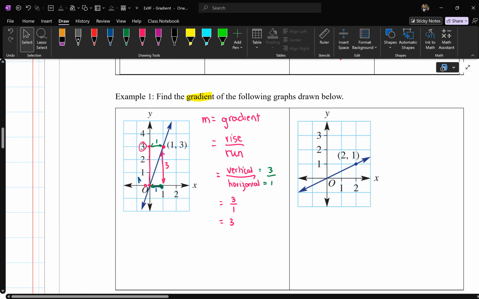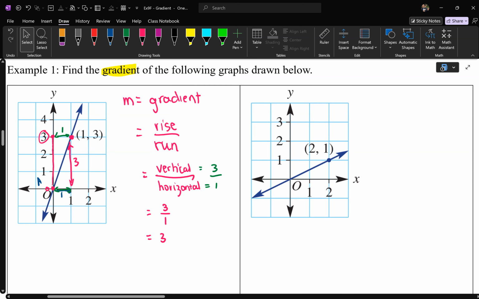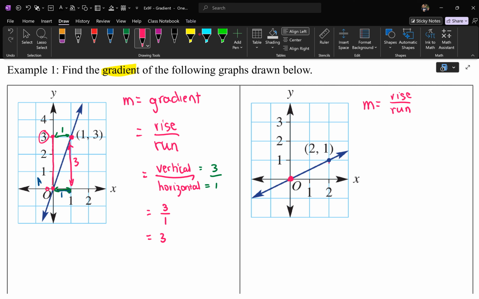So if you were just to look at it graphically, there is a formula that you might like to use that might help you. I'll give you the formula again. So m equals the gradient, and we said it's the rise over run. Now, how did I know before what the height was? Well, all I was really looking at was the coordinates of each point.